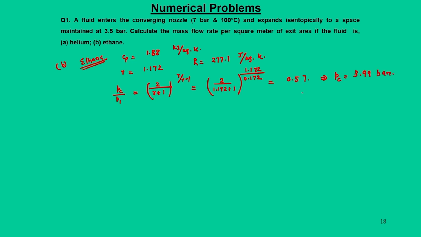Now, since Pb is less than Pc, that is 3.5 bar is less than Pc, the nozzle is choked. So, once the nozzle is choked, we have to use the choking relation.